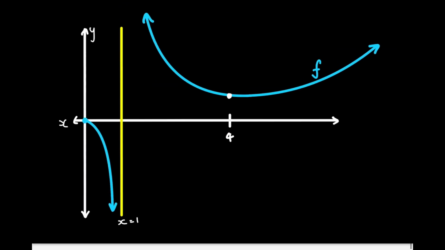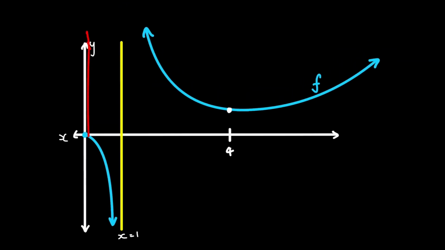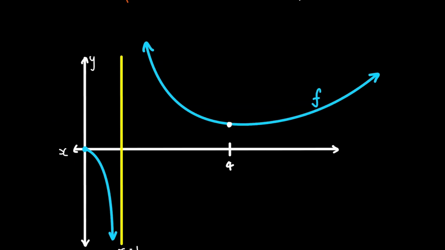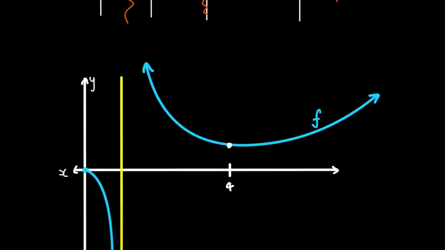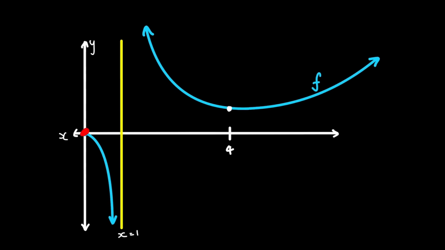So obviously to the left side of the y-axis, or the x equals 0 line, it's not part of our domain, so we don't sketch that because there's no function that exists there. Okay, then we look between 0 and 1, and we see that our graph was decreasing and it was negative. We had an asymptote at 1 and it was equal to 0 at the origin. So our graph exists there.